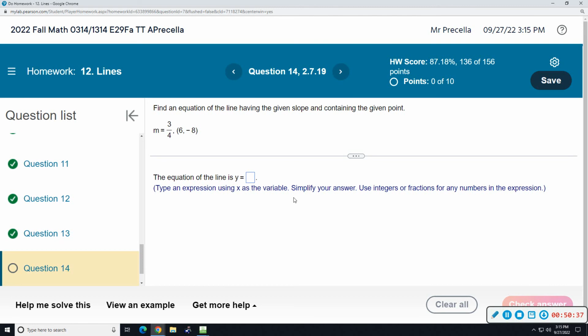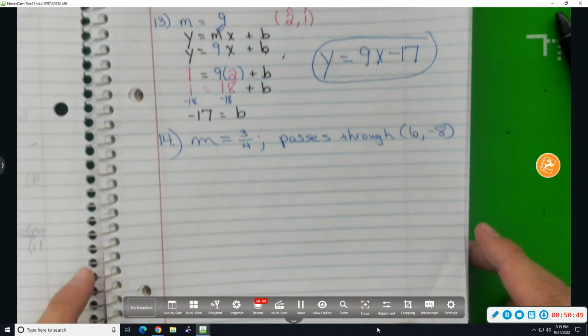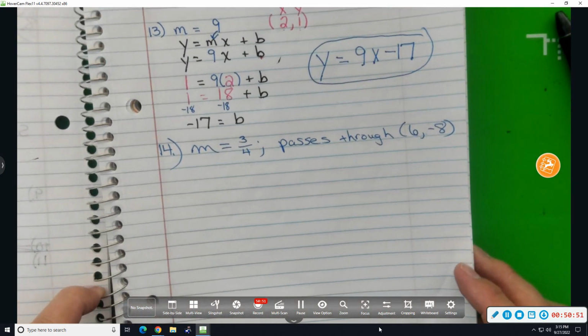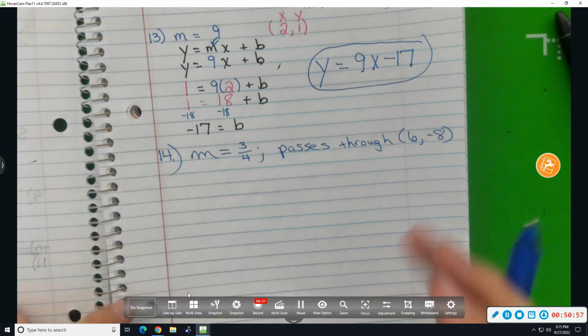M equals 3 over 4, passing through the point (6, negative 8). We want to write the equation of the line in slope-intercept form: y equals mx plus b.